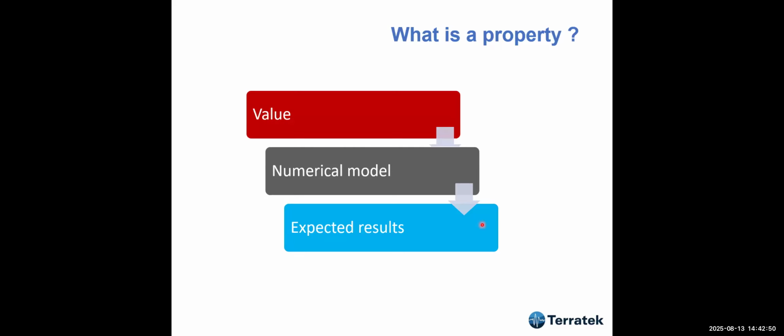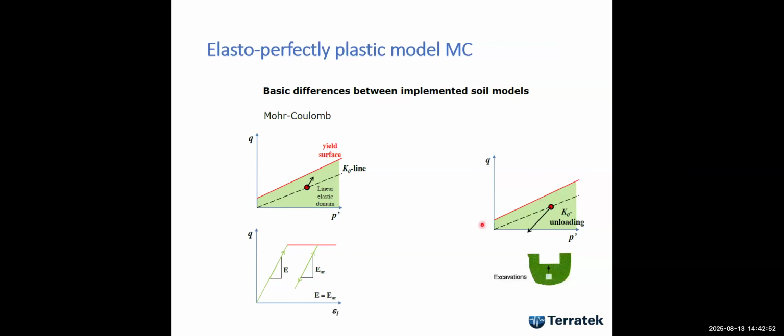And here are some hints which I learned. I started doing numerical analysis, I think it was 1999, and I used FLAC in the beginning. Later on, I moved to Plaxis, and I have used Plaxis from 2000, and we still use it.